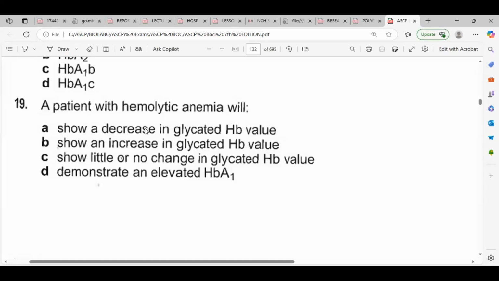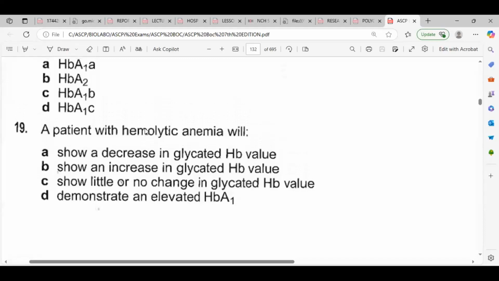We also have others, HbA1a, HbA1b, and HbA1c.